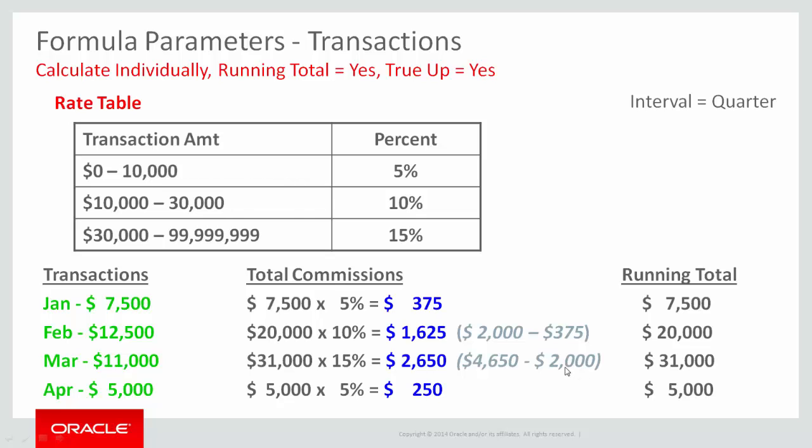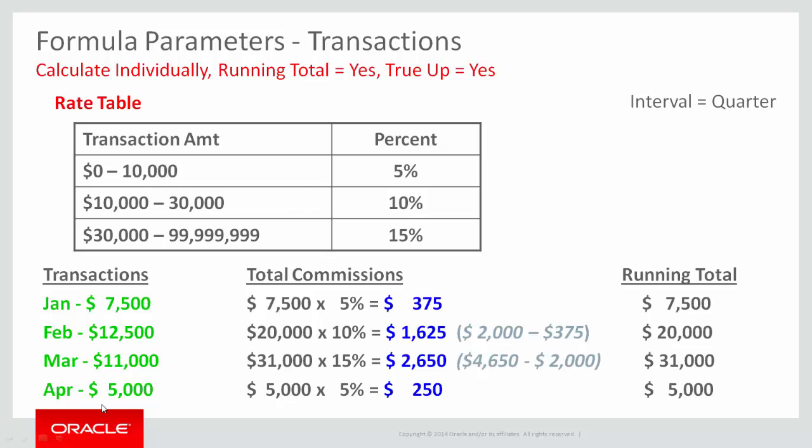We paid $1,625 in month 2, and that totals $2,000. So the system would be paying $4,650 if everything was paid at 15%, but we've already paid part of it in months 1 and 2. So the delta for that is the $2,650. And so that's that we've trued it up. So now everything we've paid to date is now being paid out at a rate of 15%.